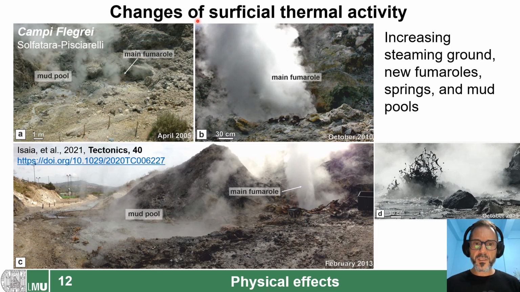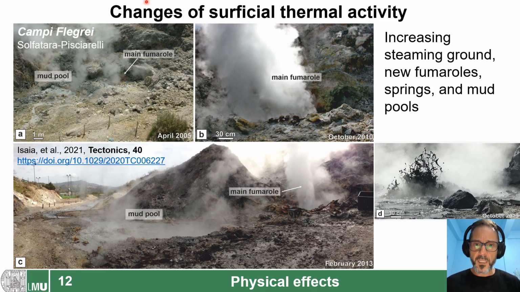However, since the unrest phase, which began in 2006, the overall CO2 flow has increased throughout the Solfatara and Pisciarelli areas. And the surface activity in Pisciarelli, including steaming ground, fumarole springs, and mud pool, has increased in number and in size.